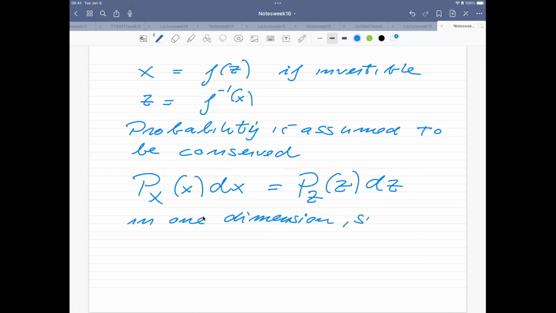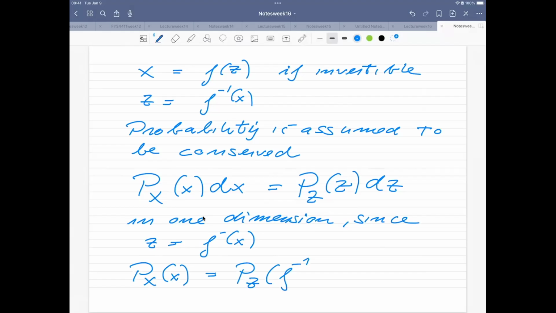In one dimension, since z can now be written in terms of this function f inverse, what we get is p of x equal to p of z, where I have f inverse of x, and then the absolute value, since we don't have negative probabilities, obviously, of d of z divided by d of x.